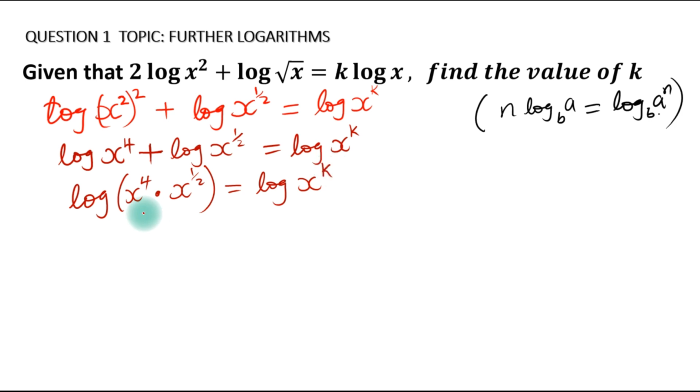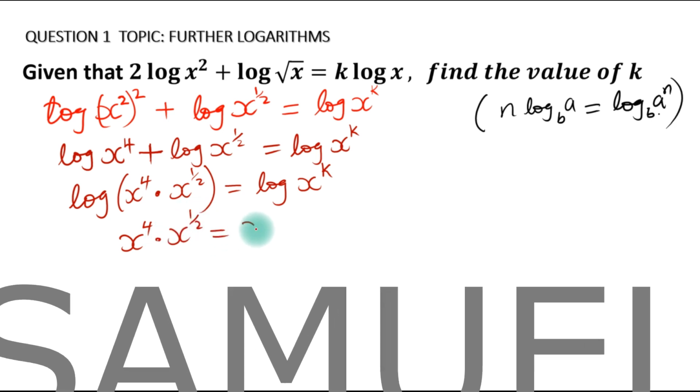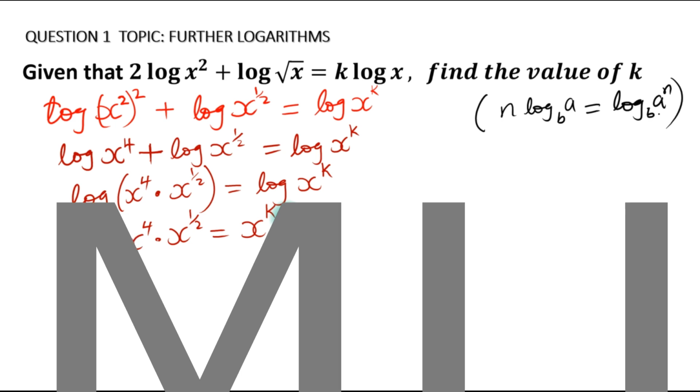From this step, log will cancel on both sides, then we shall end up having x raised to power 4 times x raised to power a half is equal to x raised to power k.